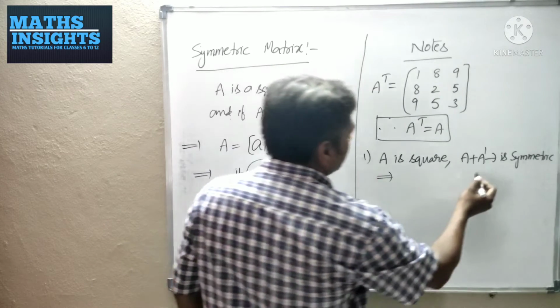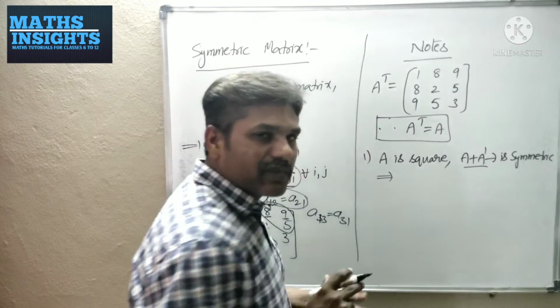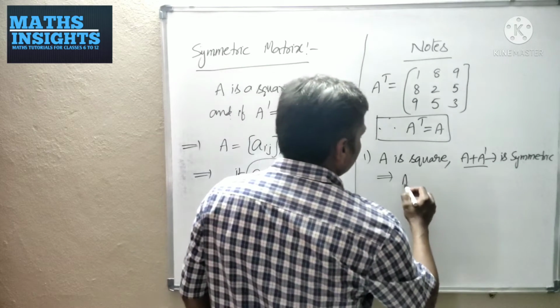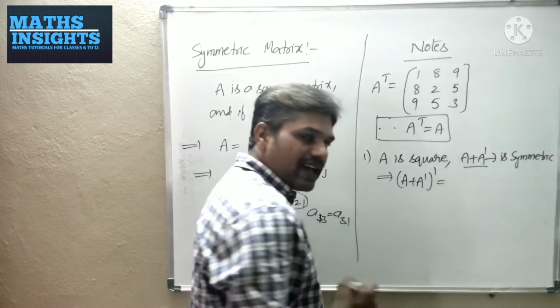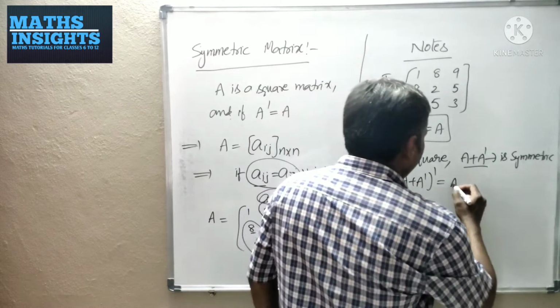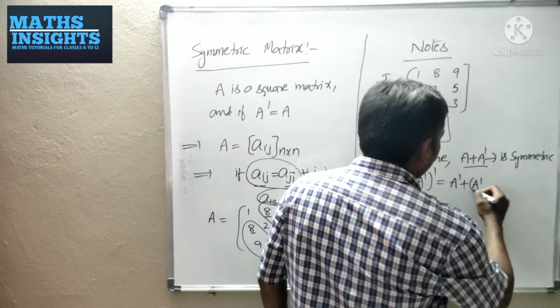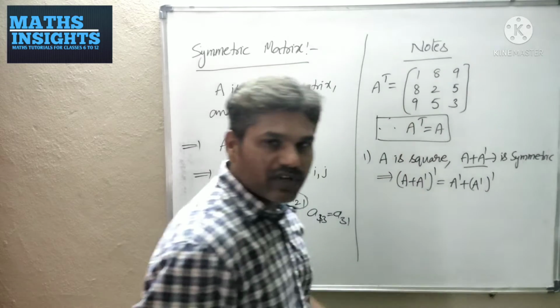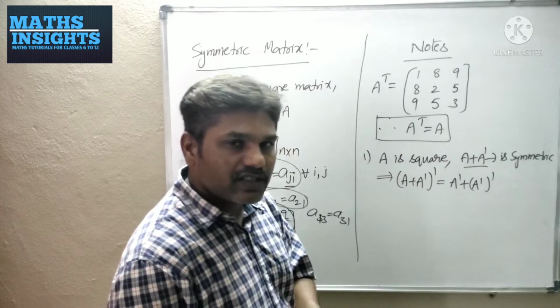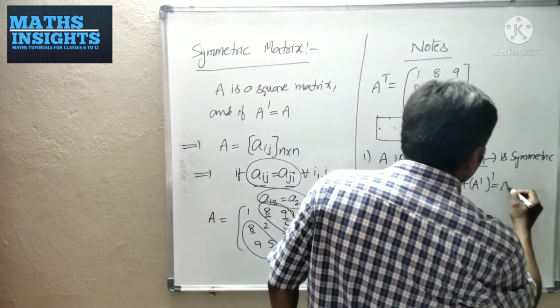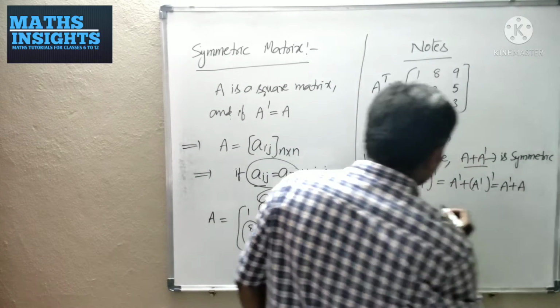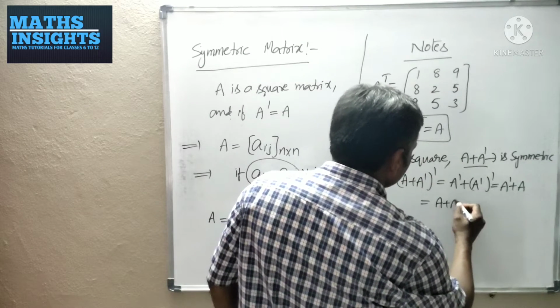So I want to check whether A plus A dash is symmetric or not. I am doing transpose for it. A plus A dash whole dash is equal to A dash plus A dash whole dash. You come across the properties of transpose of a matrix. By using one of the properties, I am doing this. That is equal to A dash plus A, which can be written as A plus A dash.